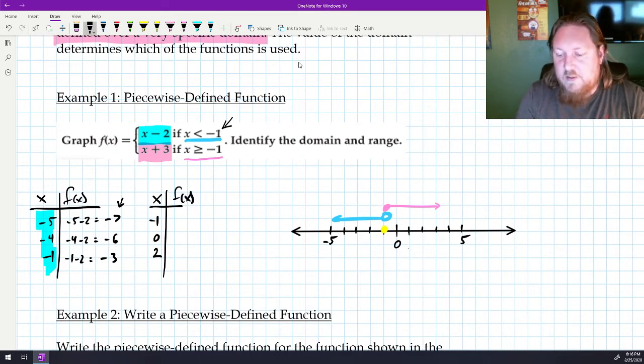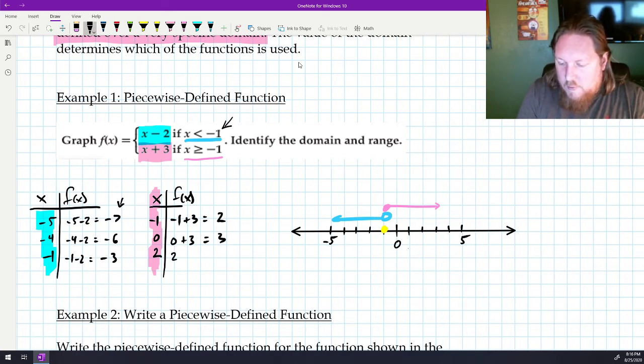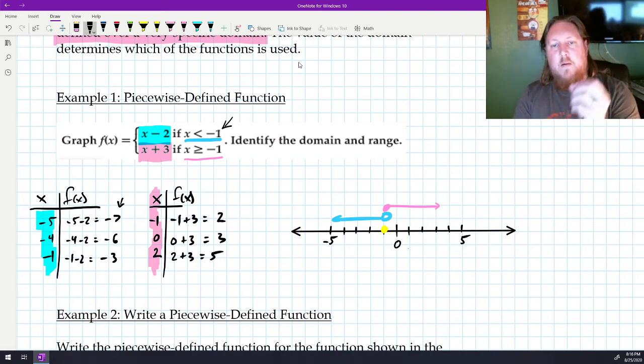This time, since they're in the pink domain, they're going to get plugged into the pink function. Negative 1 plus 3 equals positive 2. 0 plus 3 equals 3. 2 plus 3 equals 5. So now I've got my blue part and my pink part of the function all figured out.